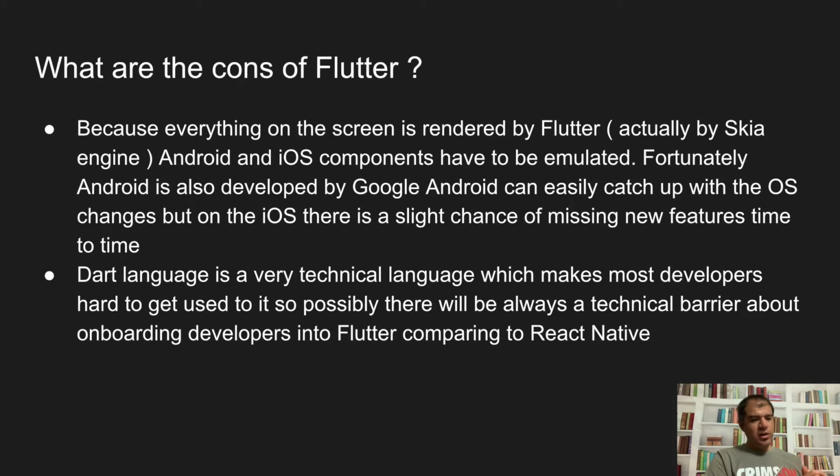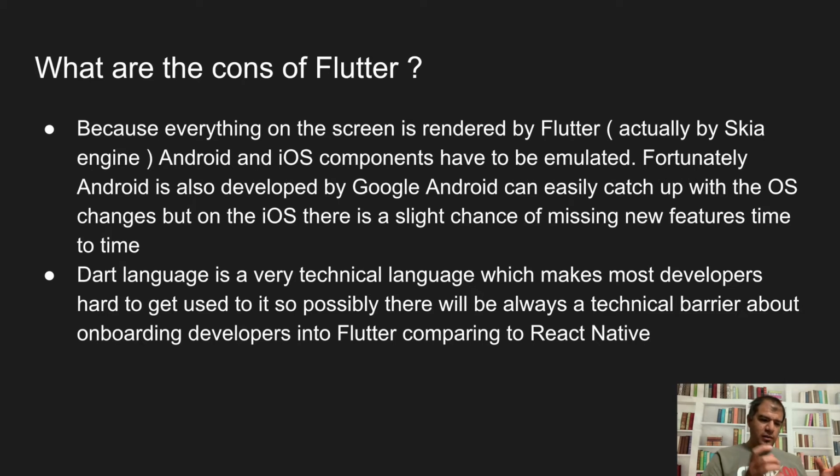For example, it happened recently. There was an icon library change or something like that, I forgot. At the first initial release of iOS 14, Flutter had to catch up with the changes in the new release.